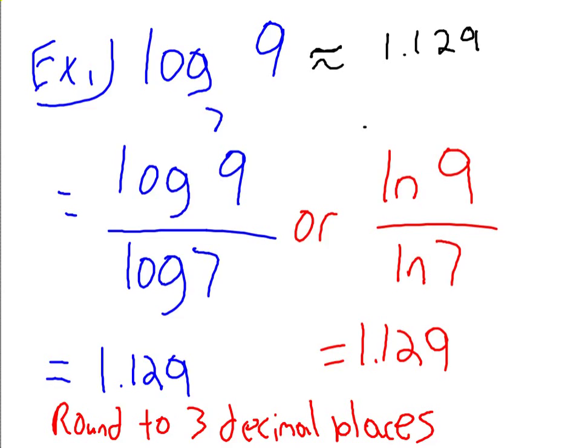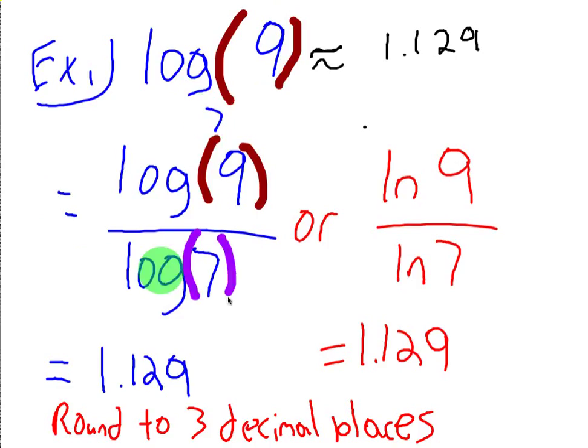Let's go to log base 7 of 9. The application of this is really easy. See how 9 is inside the logarithm? First thing you're going to do in your calculator is plug in log of 9. Does everybody see that the base is 7? The second thing you're going to do is divide by log of 7, and once you type that in, it's going to give you what log base 7 of 9 is.